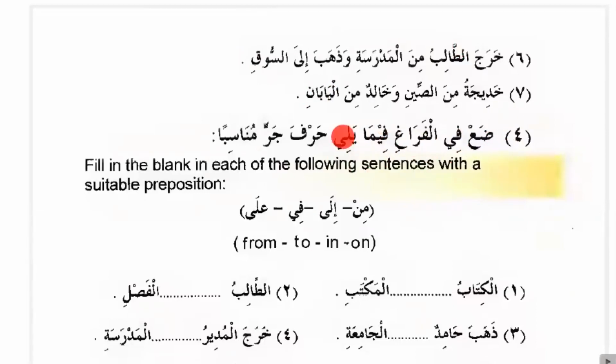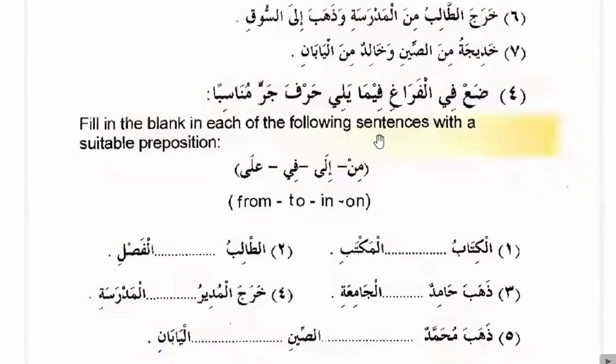ضع في الفراغ فيما يلي حرف الجر مناسبة. So you are supposed to put the harf al-jar that is suitable, the harf al-jar that best fits these sentences. So we have huruf al-jar here. They have given you, so now you can fix the most suitable one.